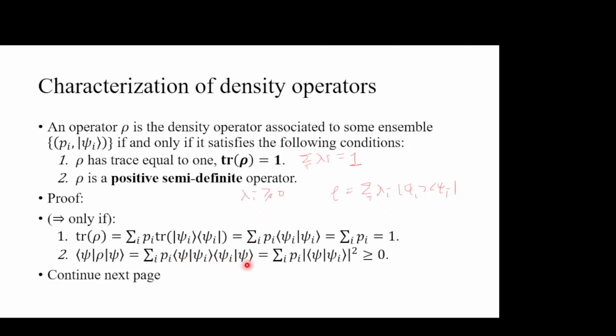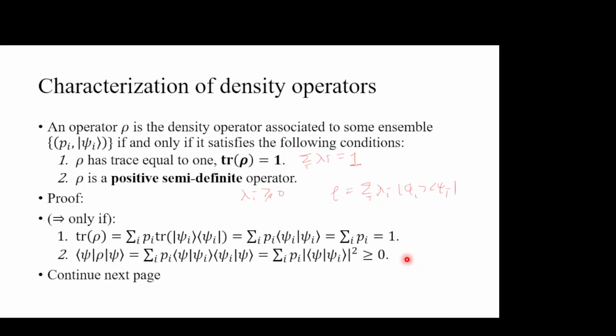But those two things are complex conjugates of each other. So that's just the inner product of psi with psi i, absolute value squared, and we still have summation over i of p_i. This thing is greater or equal to 0 because it's an absolute value squared, and p_i is also greater or equal to 0. Then you sum over a whole bunch of greater or equal to 0 terms, which is still greater or equal to 0. So this is a pretty direct calculation.